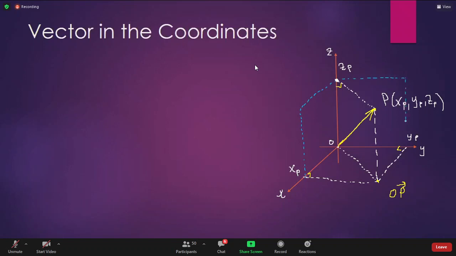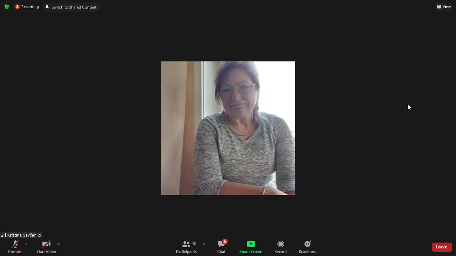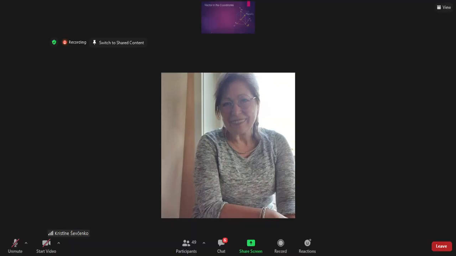It might be a cube, it might not be a cube, any other cuboid, a right-angled parallelepiped like this. So if you can build this box in the corner of the room, like in the corner created by the three coordinate axes, then the main diagonal, the diagonal from the origin to the exactly diagonally opposite vertex of this, would be the vector OP.